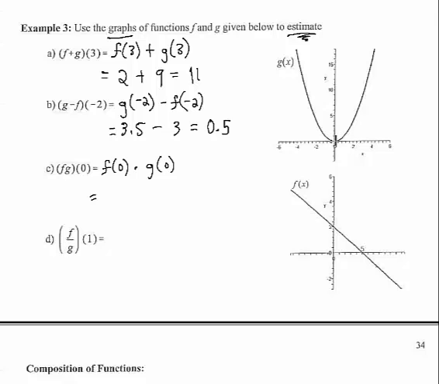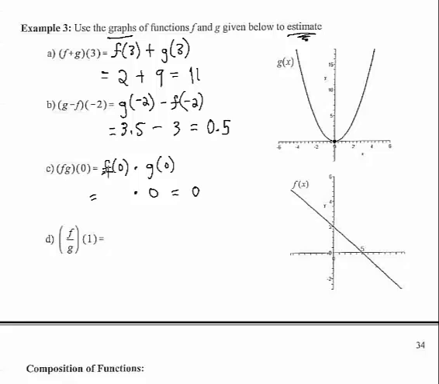Alright, g of x. Well, the y-intercept of g of x at x equals 0 is 0. So I could just go ahead and say that this product is 0.